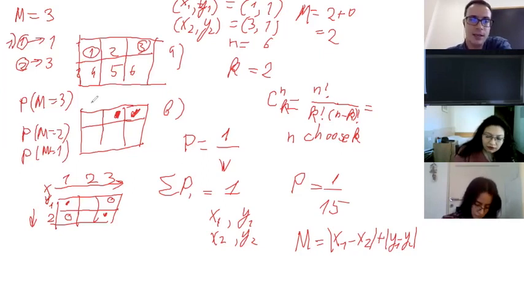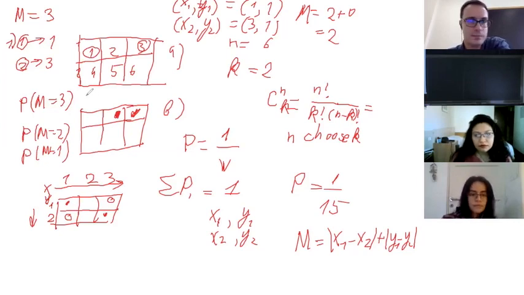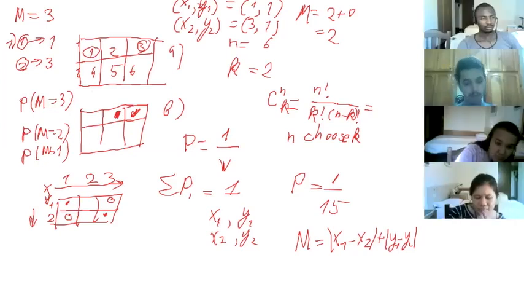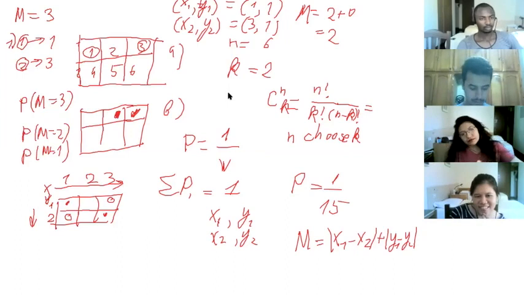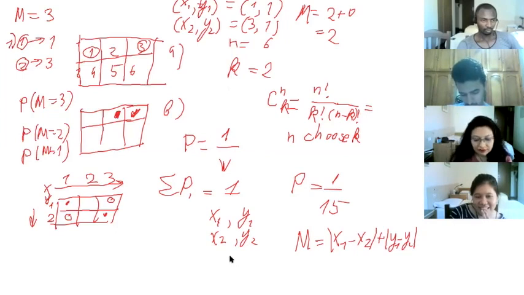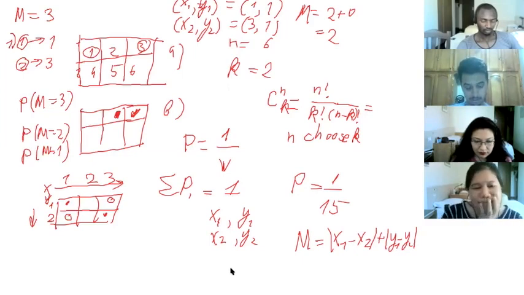Okay, probability. And what is the probability of observing a Manhattan distance 3? Who tells me? Kyrell. 2/15. 2/15, right? So how do you calculate it, Kyrell? Because we already said a while ago that there are only 2 configurations for which the Manhattan distance is 3. And we also calculated a while ago that the total number of configurations is 15.